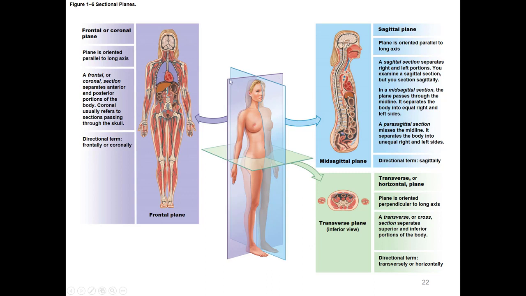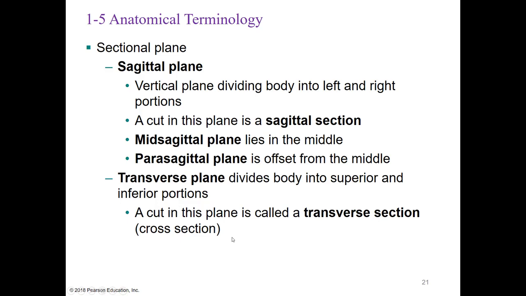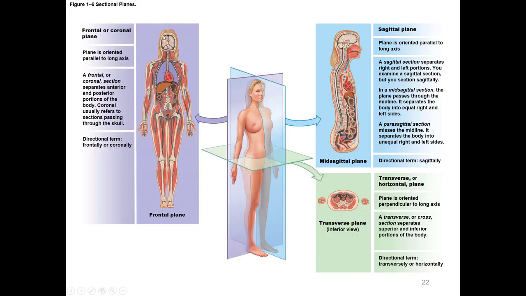A frontal plane divides the body vertically into a front and back, or anterior and posterior. Again, this purple rectangle represents our frontal plane. And you can see when there is a frontal plane, this would allow us to see the internal organs very nicely like this.